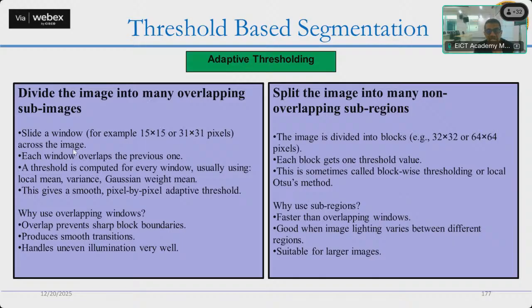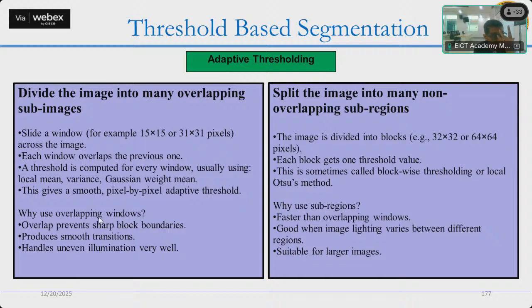You take a window, again like a mask concept. Here you take a 15 by 15 or 31 by 31 pixel window across the image. Each window overlaps the previous one. The threshold is computed for every window. You calculate the local mean, variance, or Gaussian weighted mean. This gives a smooth pixel by pixel adaptive threshold.